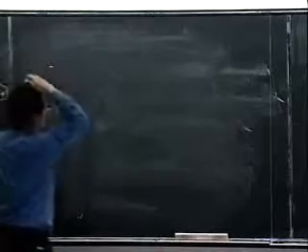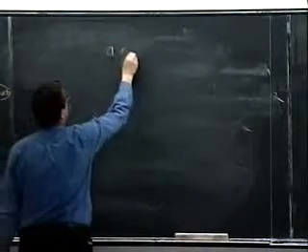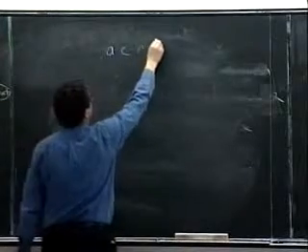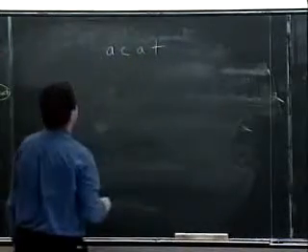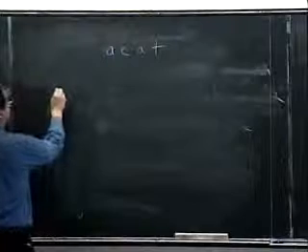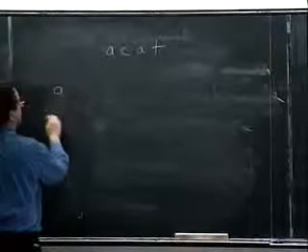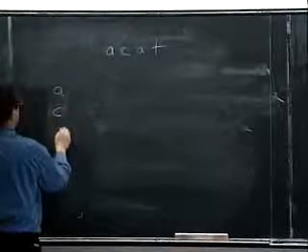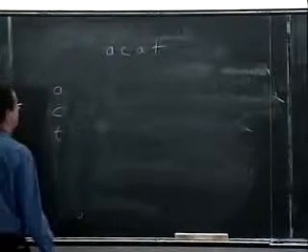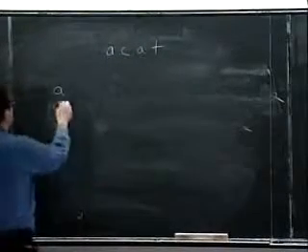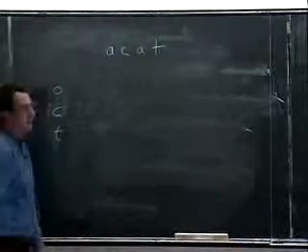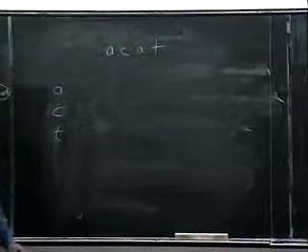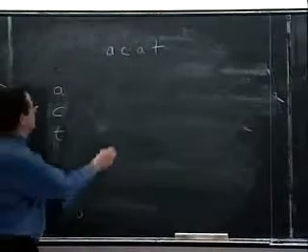So let's just make up an example here, not too long. ACAT, and a cat as opposed to ACT. And then this is going to be the alpha and beta. Actually that's not good enough.